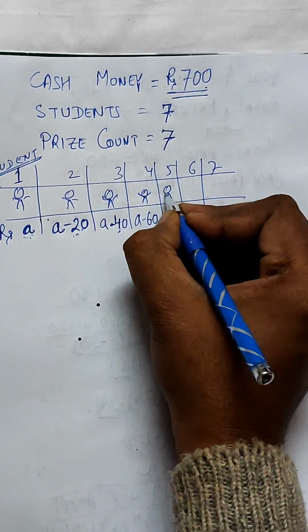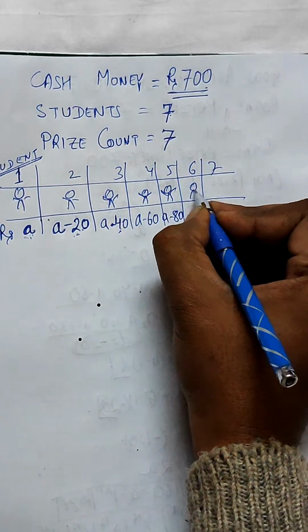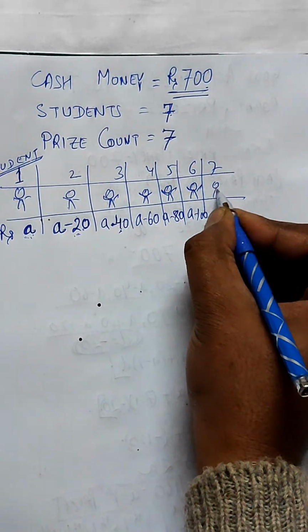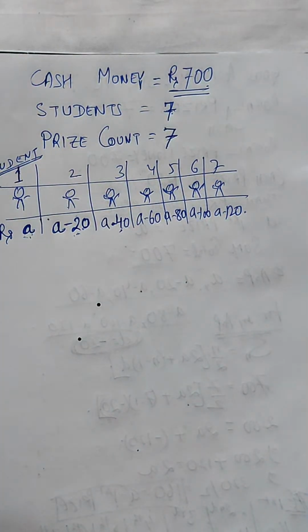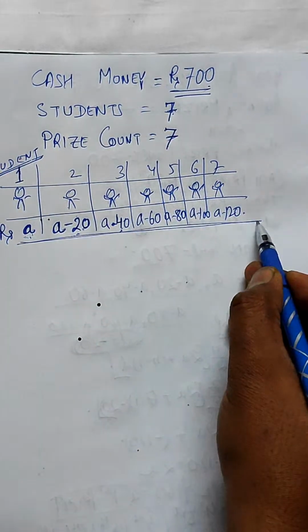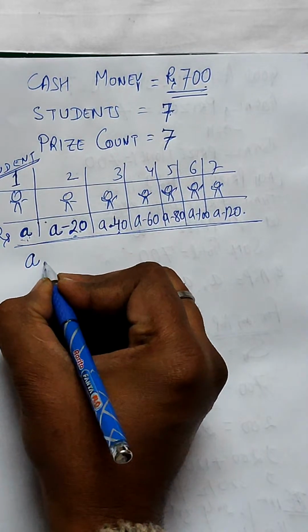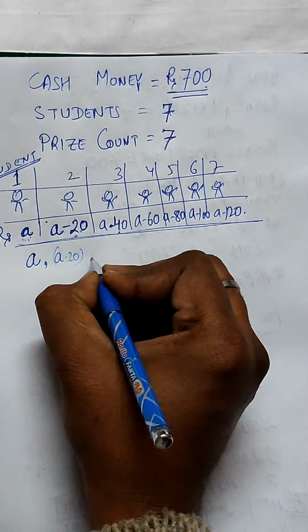Now the fifth student is getting A minus 80. The sixth student is getting A minus 100. And the seventh student is getting A minus 120. Right? So these are the amounts they are getting if the first student is getting A. So you can see the AP is formed with A, A minus 20.